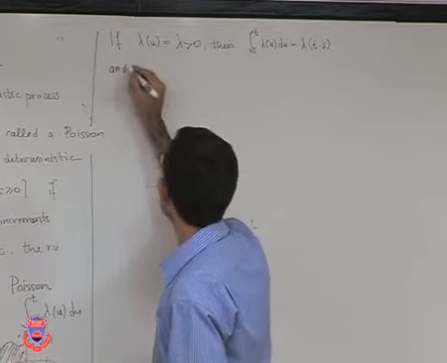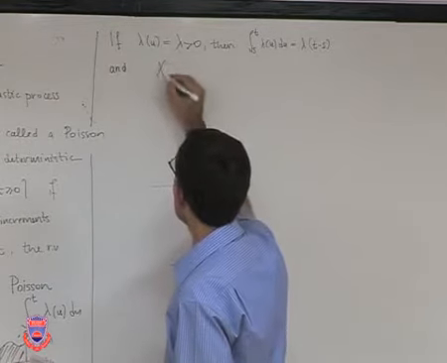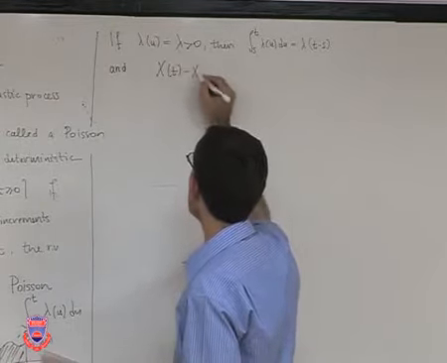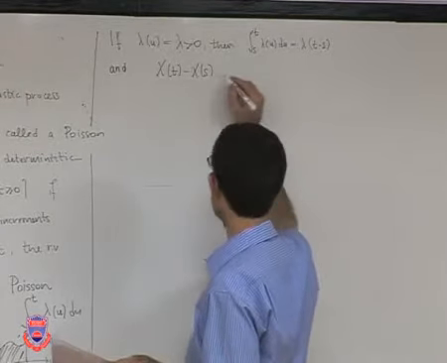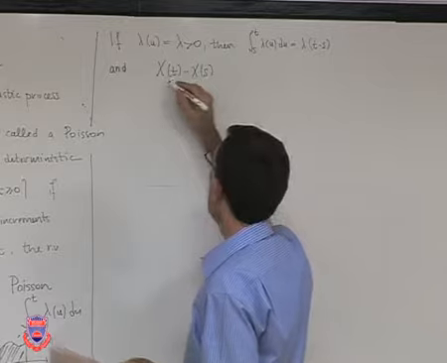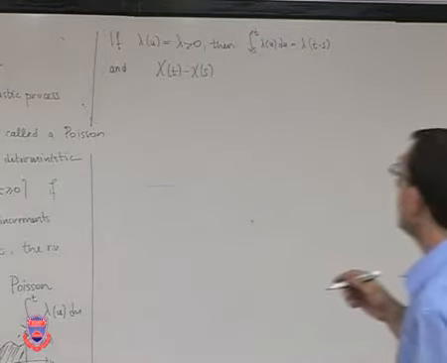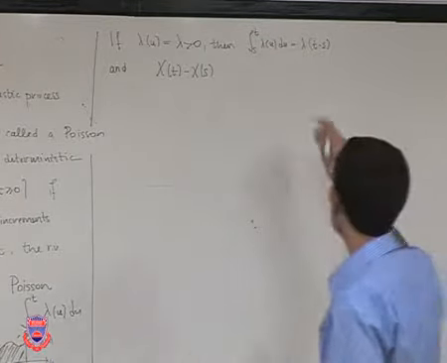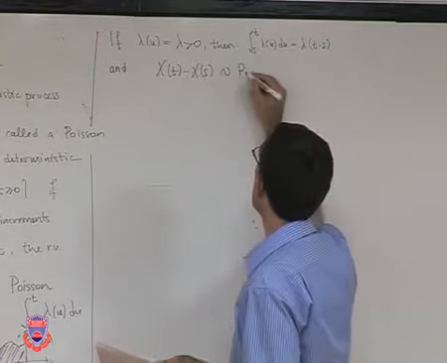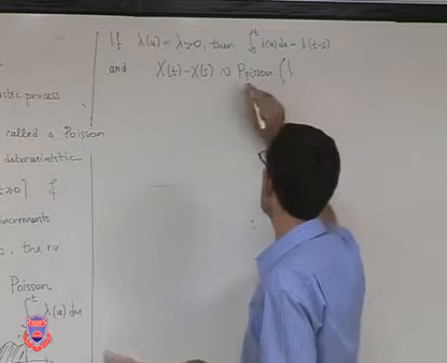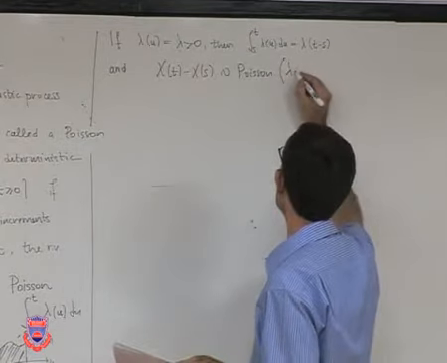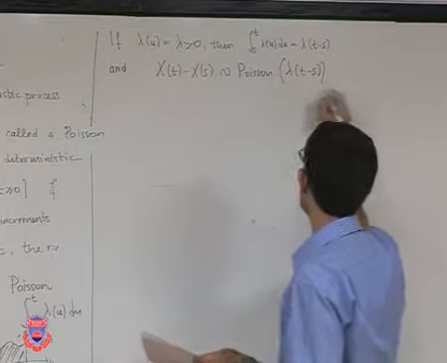And then XT minus XS has the same distribution as any other increment over any interval with the same length t minus s, a Poisson distribution with mean lambda times the length of the interval.